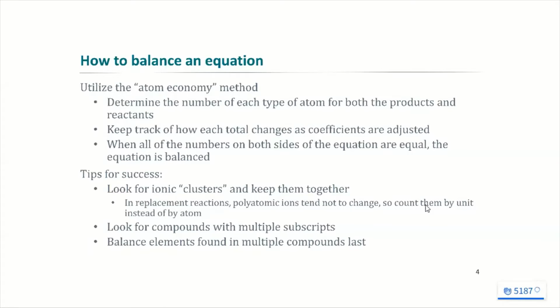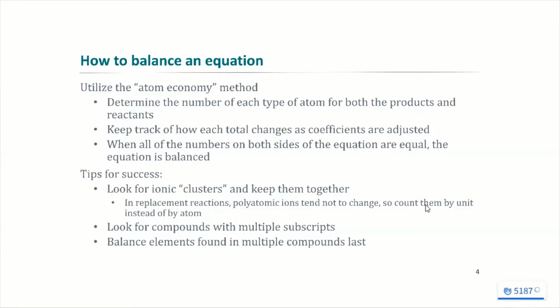Honestly, I still use this sometimes if I have something really complicated and I just want to organize myself. It's the atom economy method. Basically, I divide the reaction in half. I count up all the atoms on the reactant side, all the atoms on the product side, and I do an inventory every time I add a coefficient to the equation, knowing that eventually everything will even out on both sides.